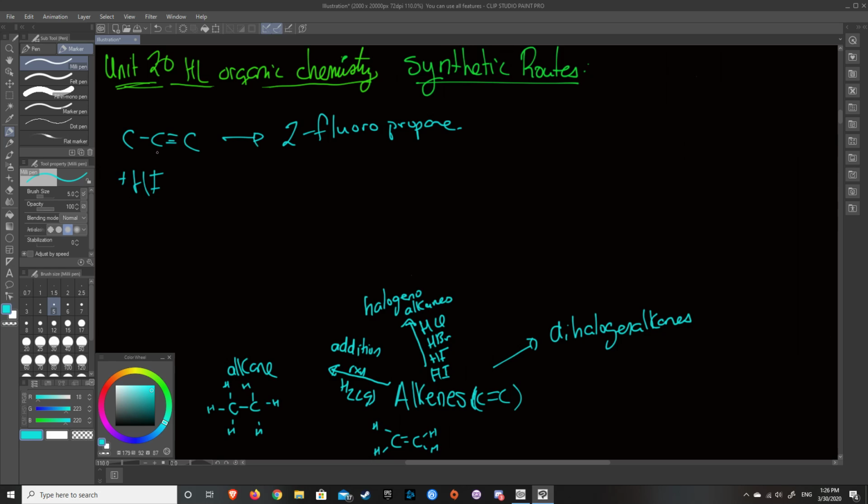And remember, we can go through the SN1 pathway or the SN2 pathway. Actually, we can't go through either of those pathways because this isn't a substitution reaction, sorry about that. But we can add in two ways.